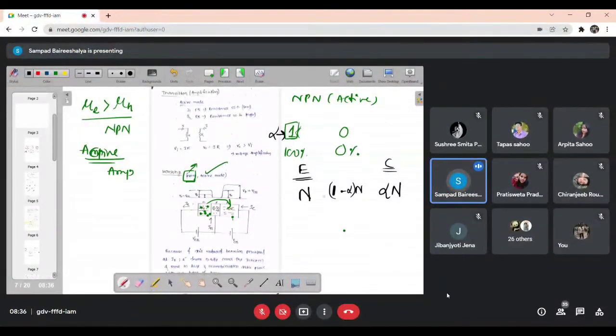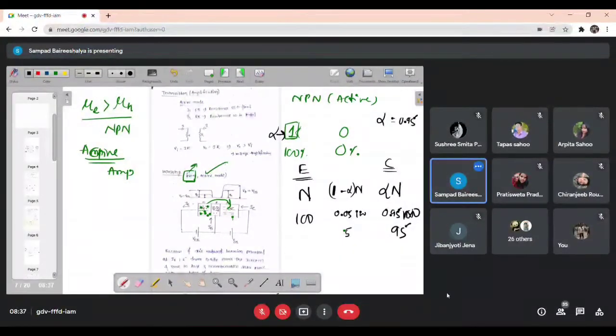For example, if this will be 100, and alpha will be, I can say 0.95, that means 0.95 times of n means most of the electron, that means 100, that will be 95 electron or carrier will come across here, and here 1 minus 0.95 is nothing but 0.05 times of 100, that means only 5 will be here, very less.